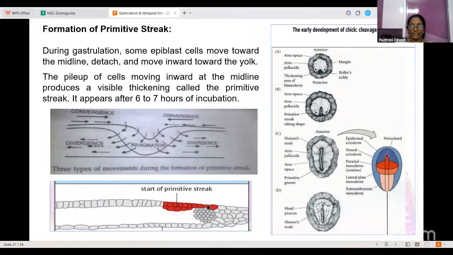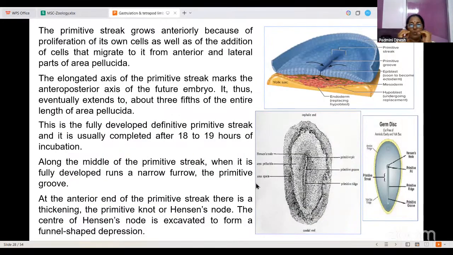As the primitive streak is formed, the next step is what we are going to talk about. Once the primitive streak is formed, this will signal the cells from the epiblast. Now you can see that's the epiblast over there. So this is a single layer epiblast, the cells of the epiblast.